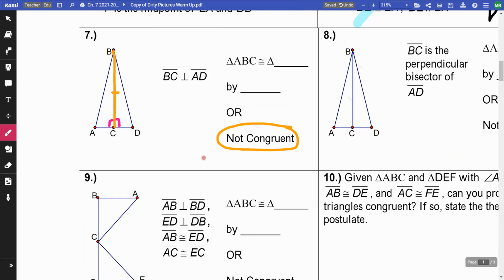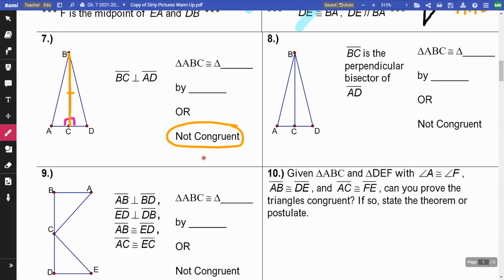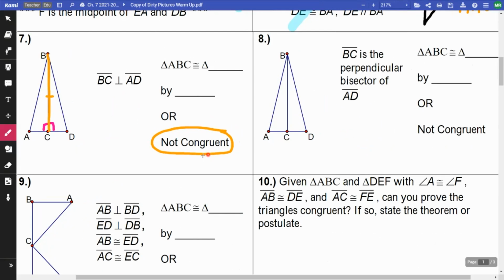Now 8 is basically the same picture, and we have pretty much the same information with one exception. Here they're saying that BD and AD are perpendicular. Here it says BC is a perpendicular bisector of AD.